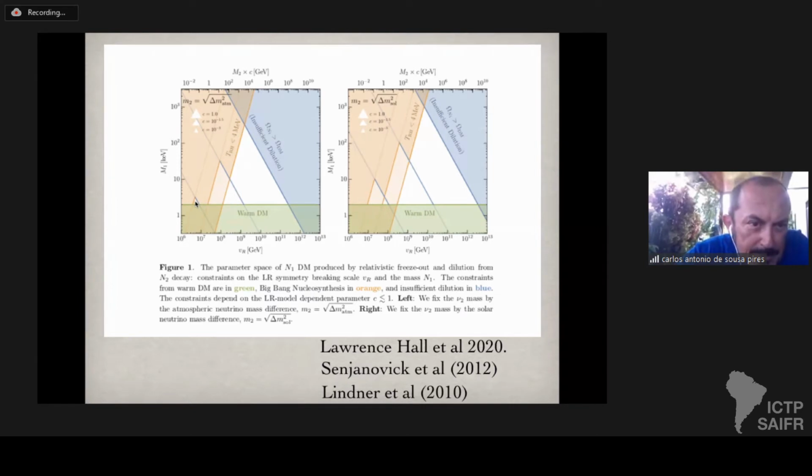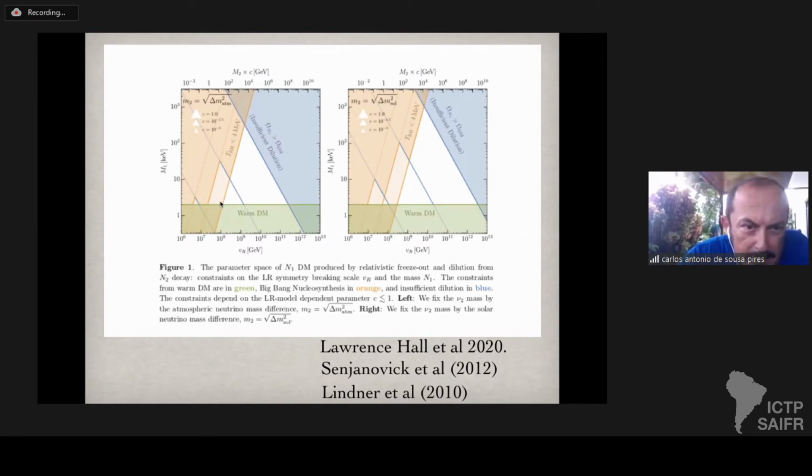You see that you are going to have warm dark matter with mass in the keV scale, but the scale of the left-right model is very high, 10 to the 7. This means that the signature of the model can escape the LHC, and this is not good from the point of view of phenomenology.